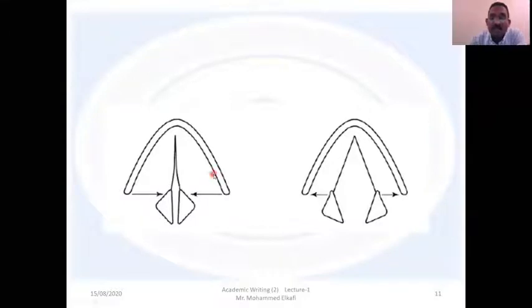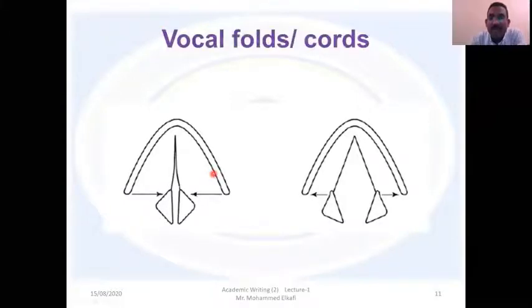This is the photo of the vocal folds, which are found here. Some sounds are produced with vibration, coming from this area, and these vocal folds or cords are very important in the production of sounds. We defined them in a previous part of our lecture.